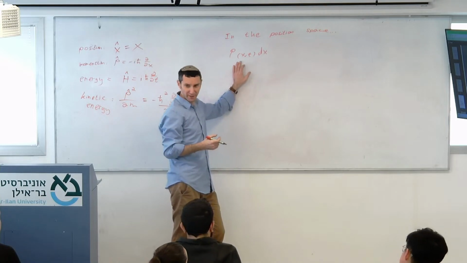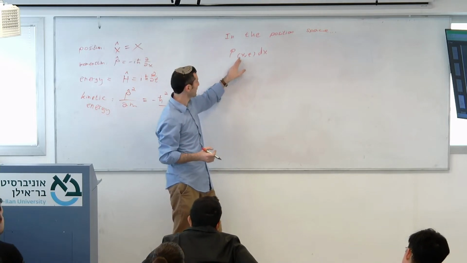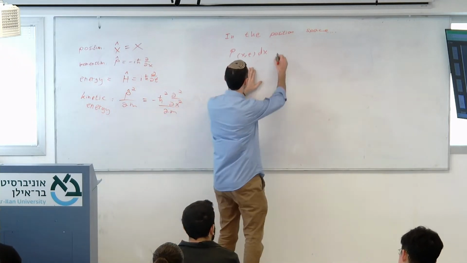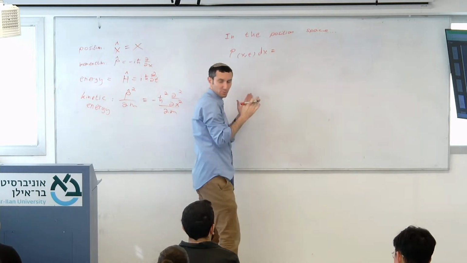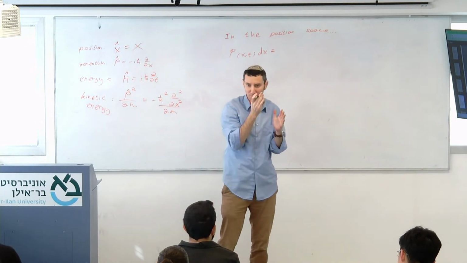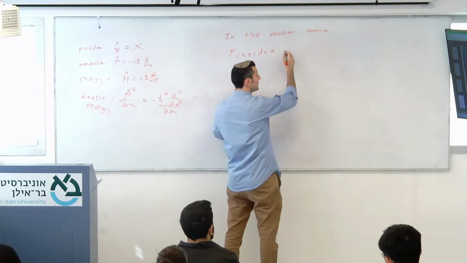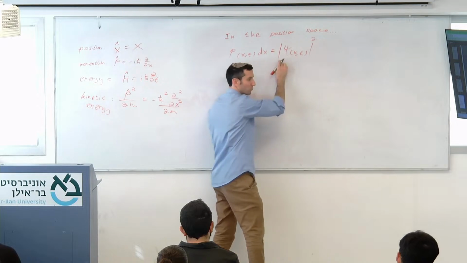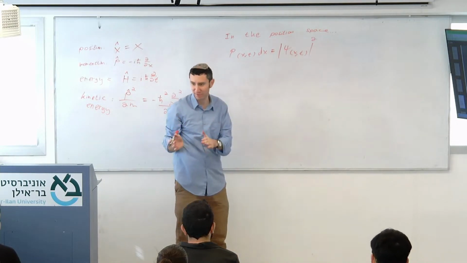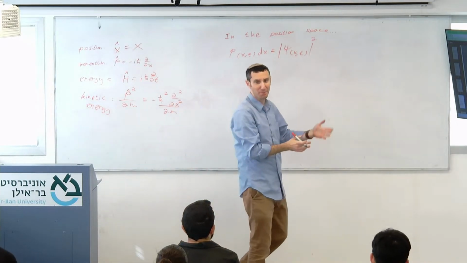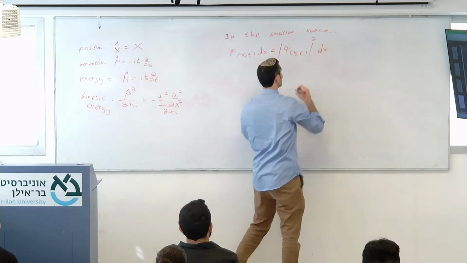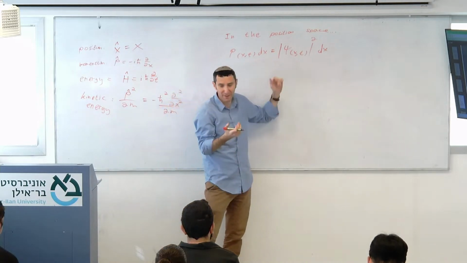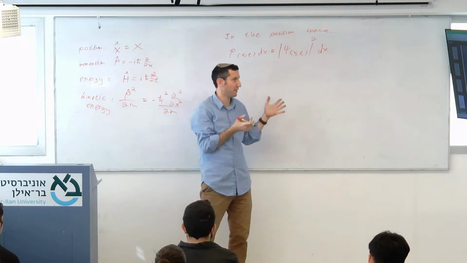The chances of finding a particle in a specific location x at time t, times dx, the width of my measuring tool, was psi of x,t squared. When I do this, of course, I mean the complex conjugate times the not complex conjugate, dx. Here, there's no k. Well, psi itself might have a specific k, but k is a number.